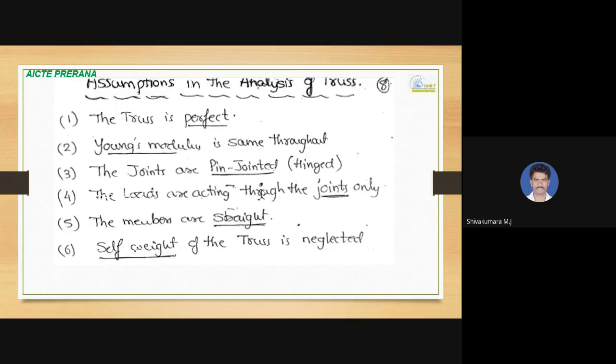All the joints are pin jointed or hinged. The loads act through joints only, not in between. The members are straight and the self weight of the truss is neglected. These are all the assumptions made in the analysis of trusses.